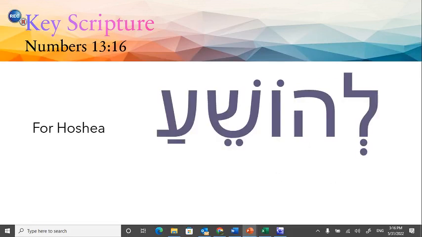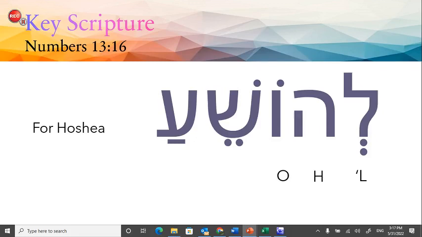Now this word is where we start to get into the conflict with how to pronounce the names. You have the le, which is just a prefix attached to the beginning of some words, which means to or for. The name for, or the name to, right? Then you have the hey, which makes an A sound.